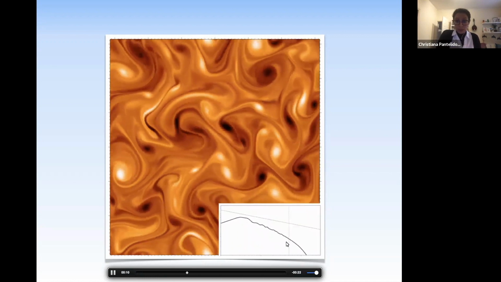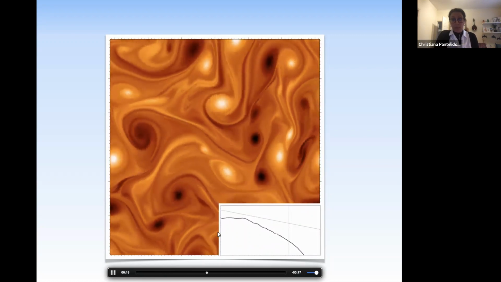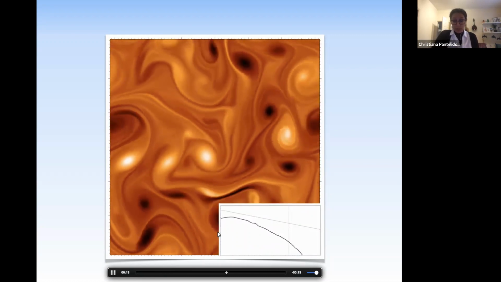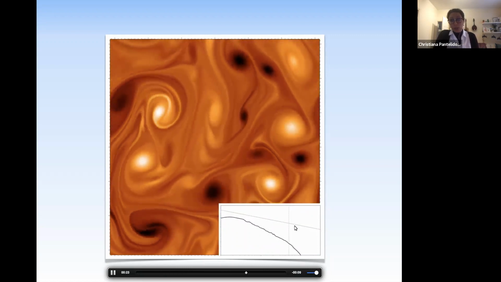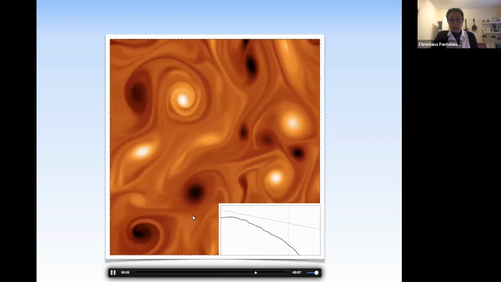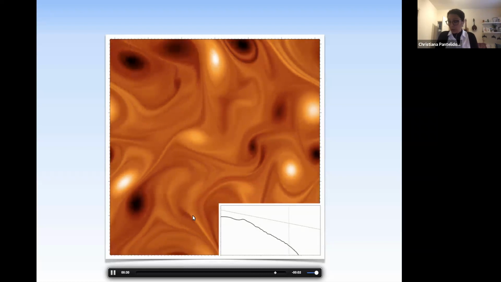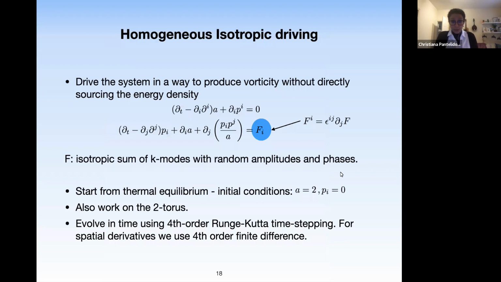And we see a transfer of energy to smaller values of k, as we would expect from an inverse cascade. But we never actually reach this scaling that was predicted by Kolmogorov. And this is precisely because there is no driving in the system.